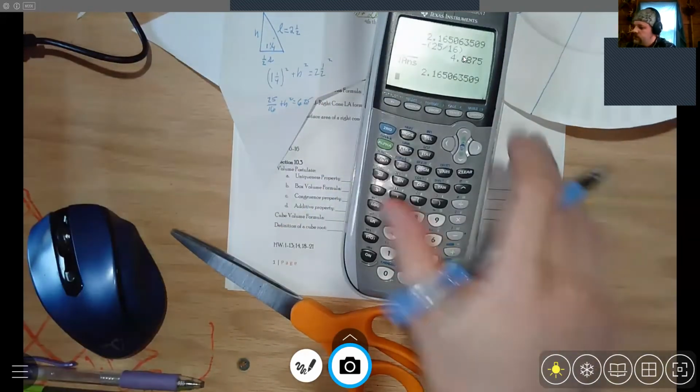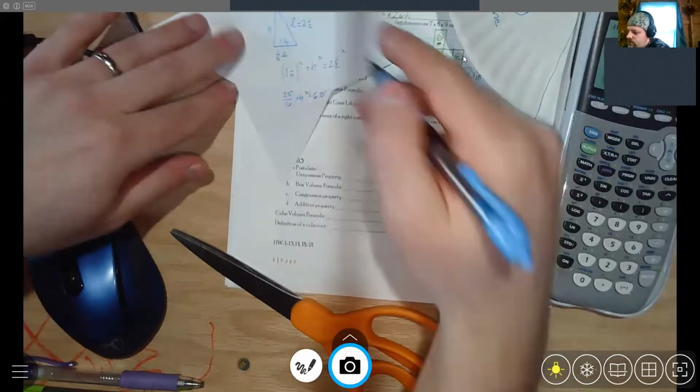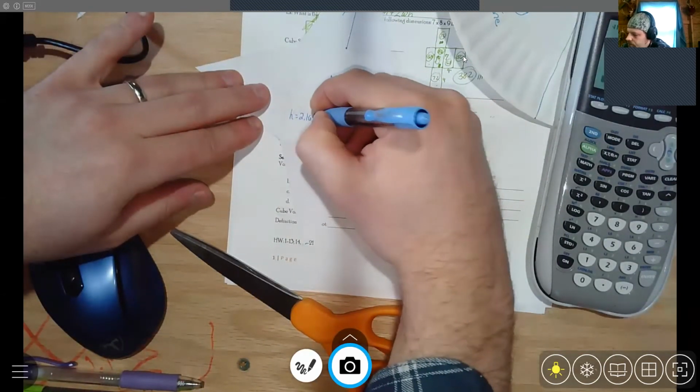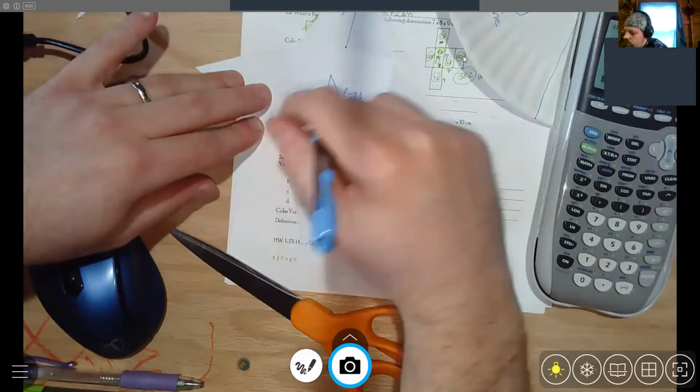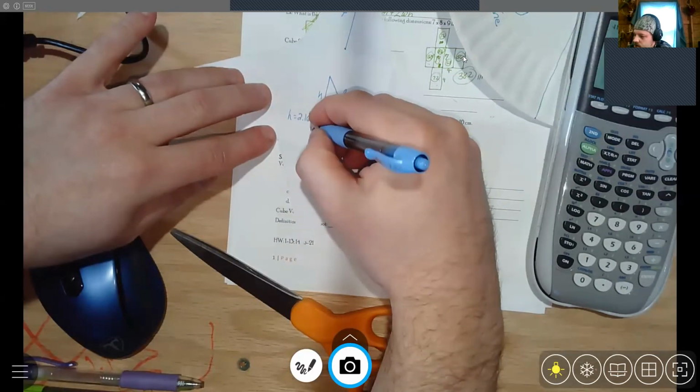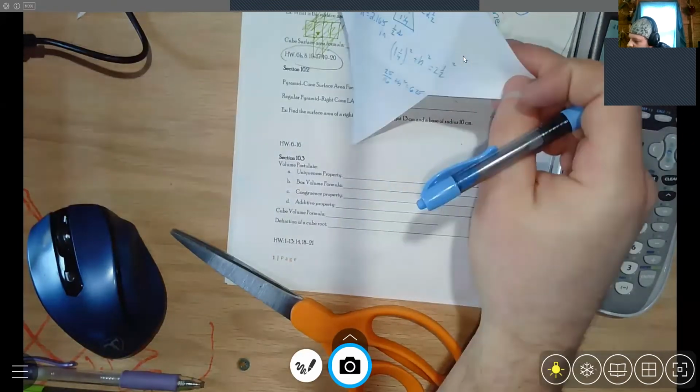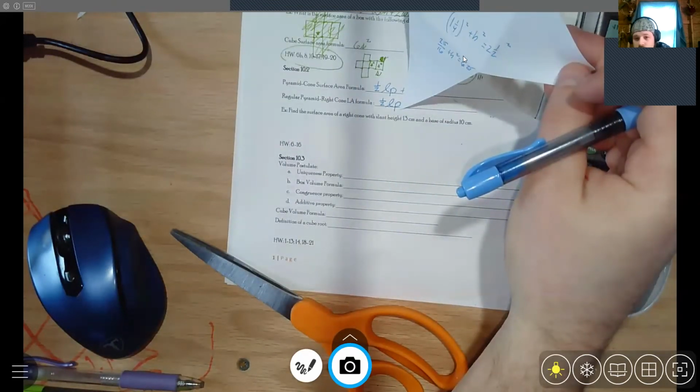Yeah, 2.165. That's my height. It's in inches. And that's kind of what we roughly guessed when we tried to measure it with the ruler.